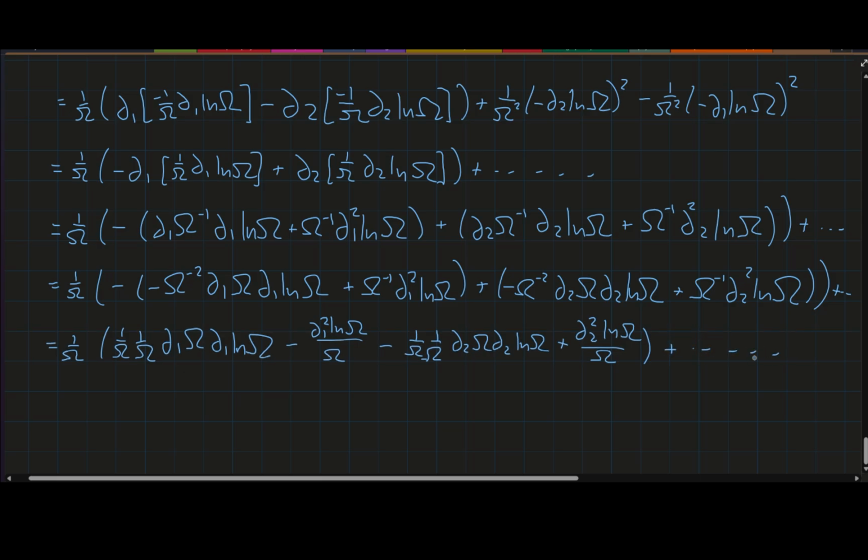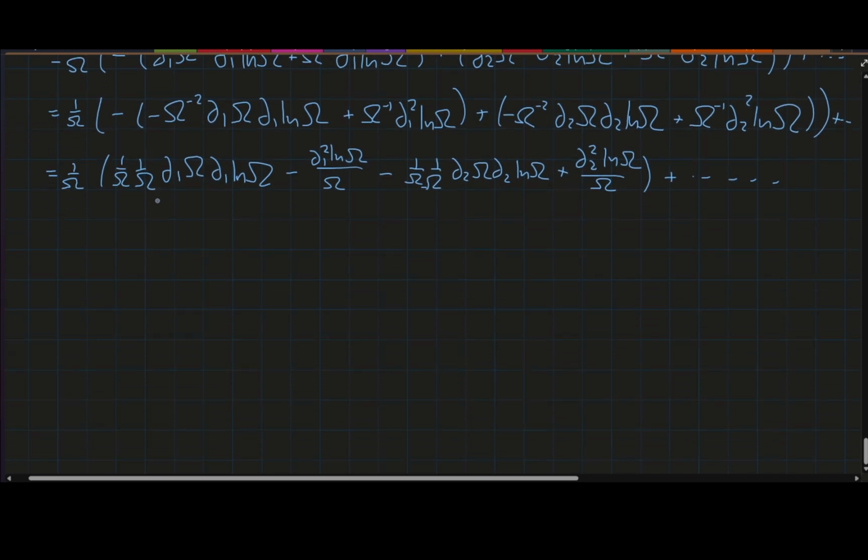Now the reason I wrote it like this with the omega to the minus 2 kind of being split into separate ones is so that you can see that this here is simply just using that trick again. It's just del 1 ln omega, and that's the same with here but with a del 2, and that allows us to rewrite this in a very convenient way. So let's go ahead and do that.